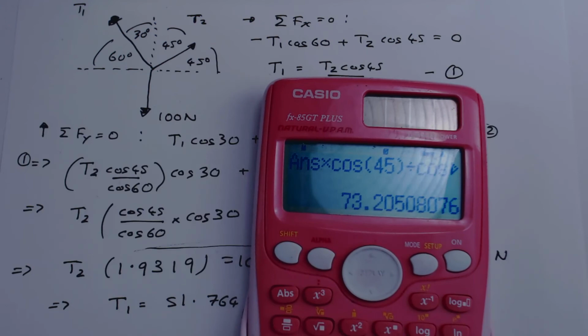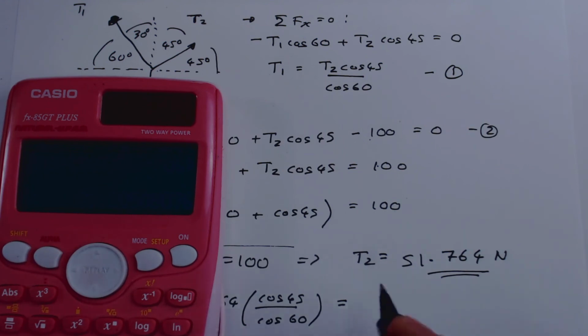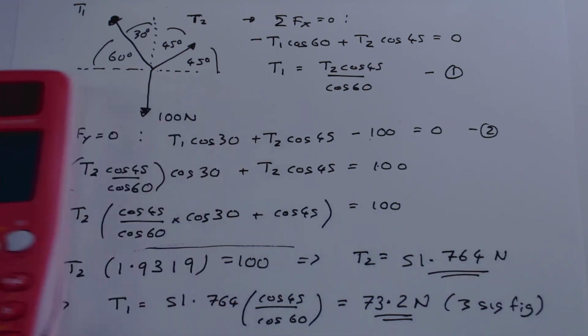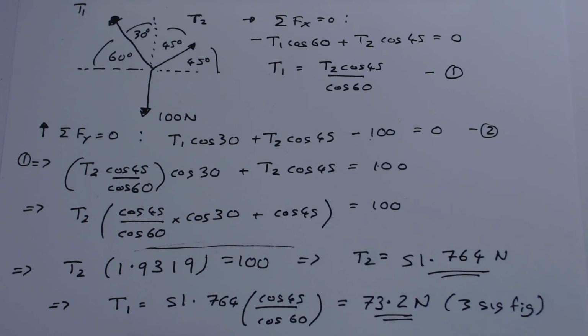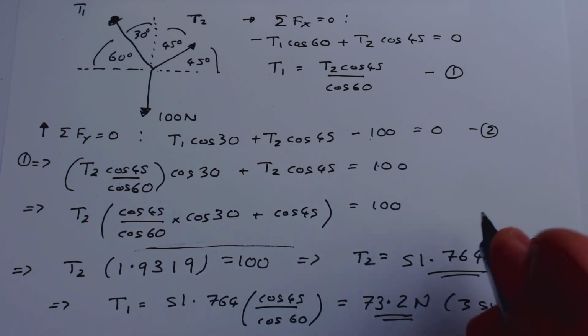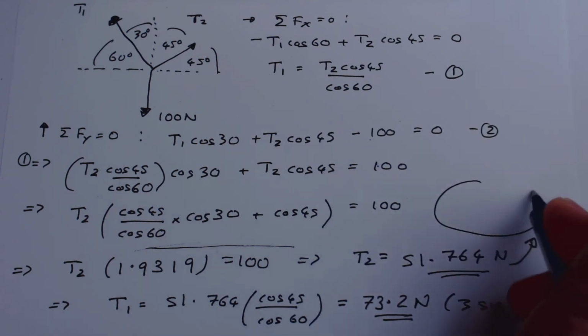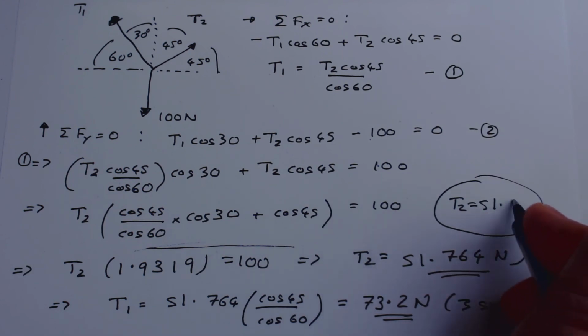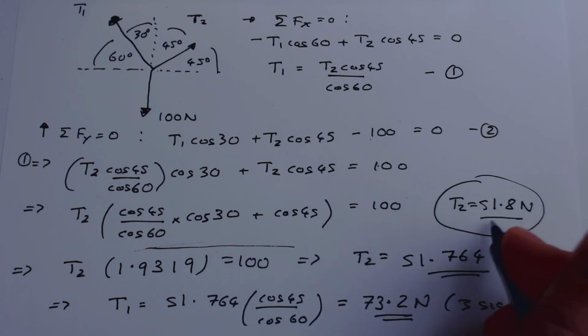So we got an answer of 73.2, and we do our final answers in 3 sig fig. So that's the rule. We're going to work in 5 sig fig, and we're going to present final answers in 3 sig fig. So final answer will be T2 equals 51.8 newtons.